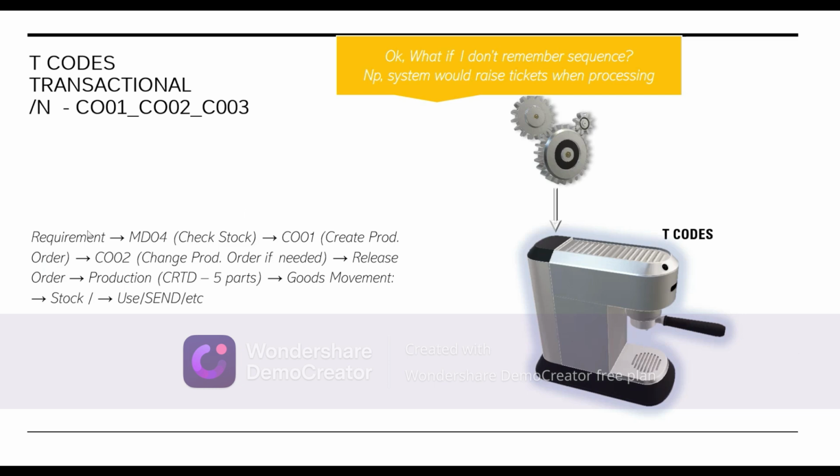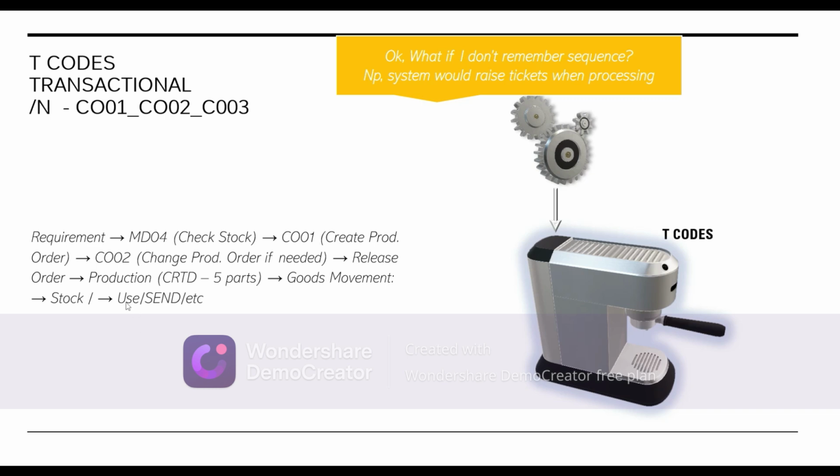This is how a transaction code performs. Requirements are set. MD04 is for checking stock, replacing the manual stock checking process. CO01 is of course to create a production order. CO02 is the production order change app, which we access via T code.